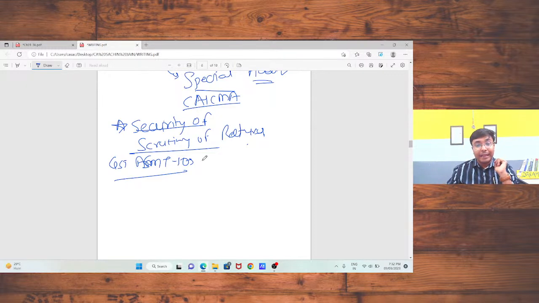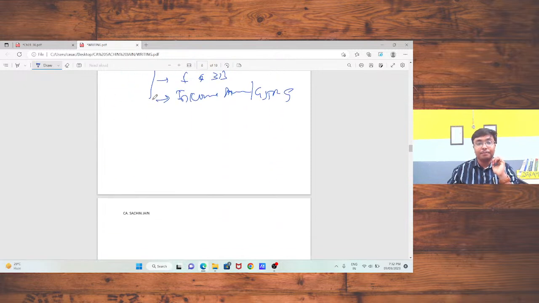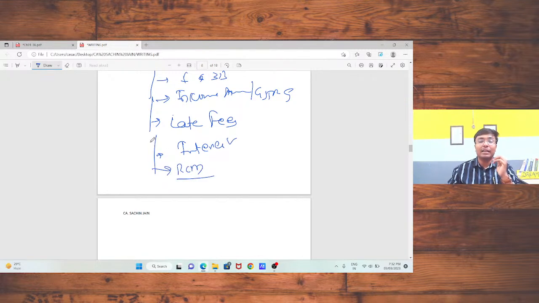Okay, so in what situation do you get GST ASMT 10? If there is any difference between your GSTR 2B and 3B, between your GSTR 1 and 3B, between your income tax audit and your GSTR 9, or if you filed a late return but did not pay the late fees or interest, or did not pay the proper reverse charge mechanism, that is RCM.